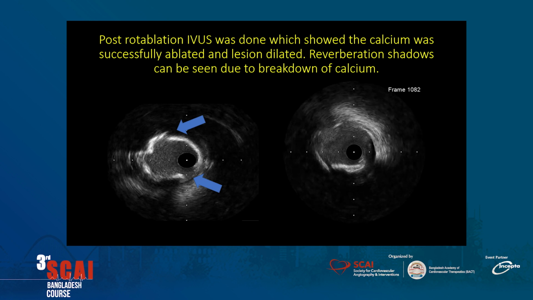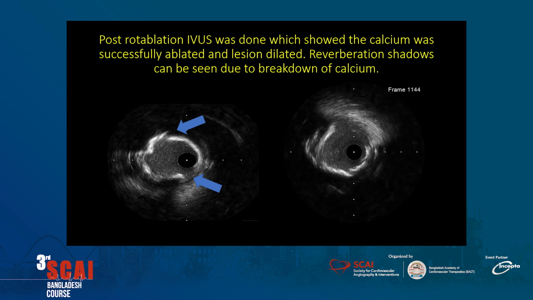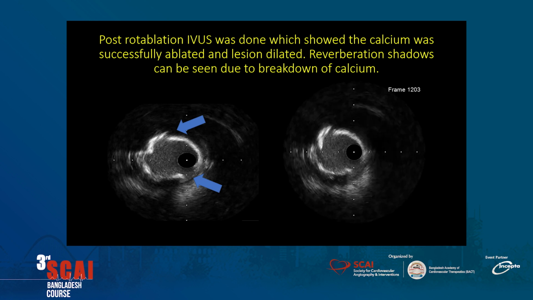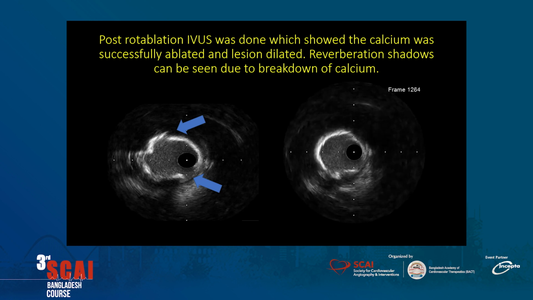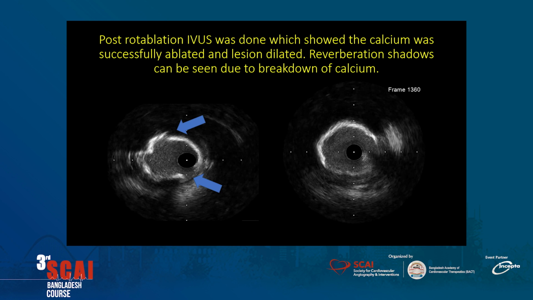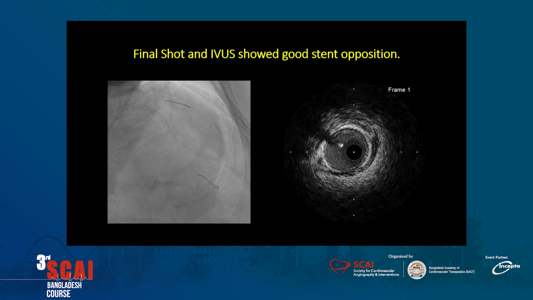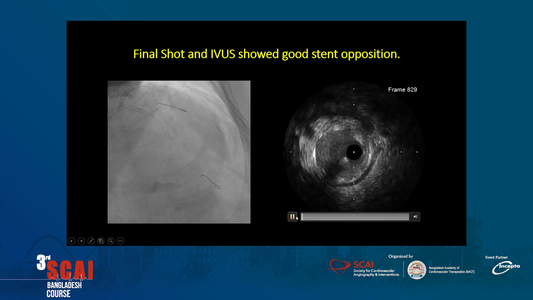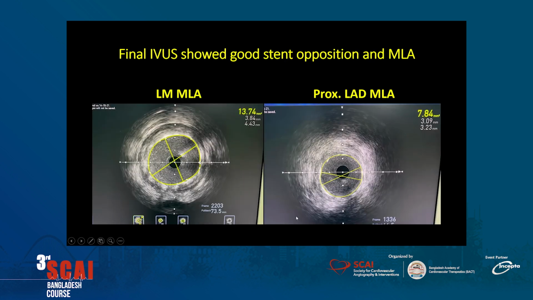After rotablation, again I saw whether it is well ablated or not. There are two cracks on the opposite side of the calcium ring, so now the stent will expand. And now this is the final shot, and also the post-stent IVUS. MLA was very good, 13 in left main, and proximal LAD was 7.84.